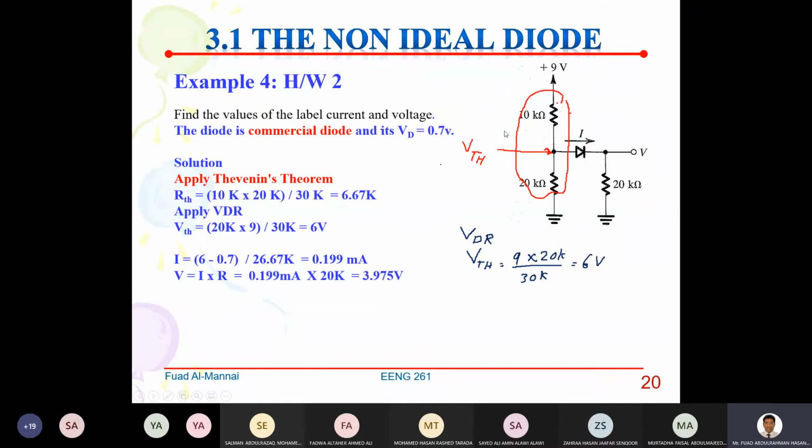Since we are dealing with a commercial diode, the voltage drop across the diode will be 0.7 volts since it is a silicon diode. If it is germanium, VD will be 0.3, and if it is gallium arsenide, it will be 1.2 volts.